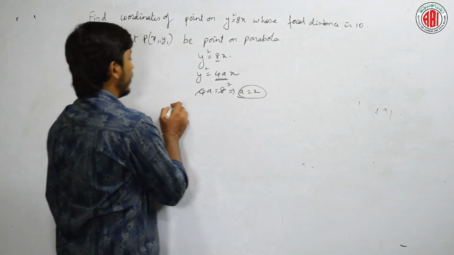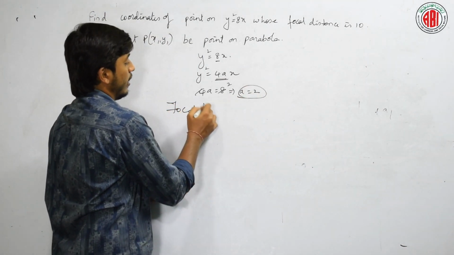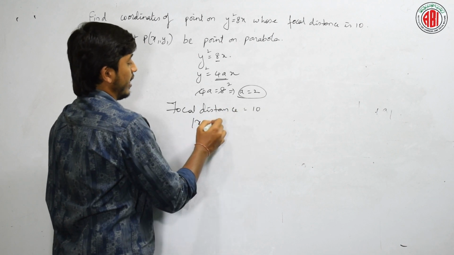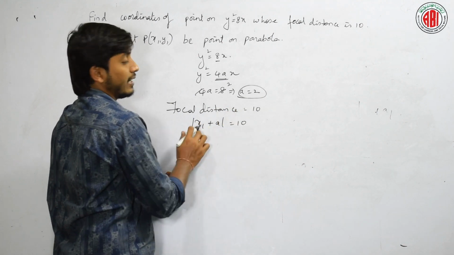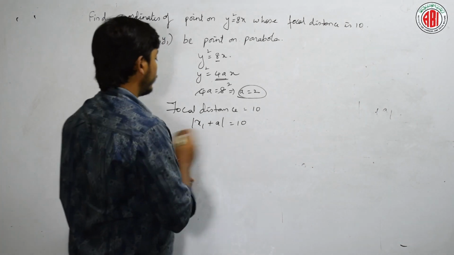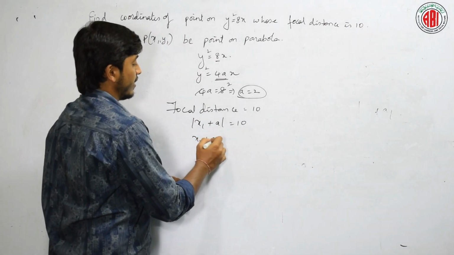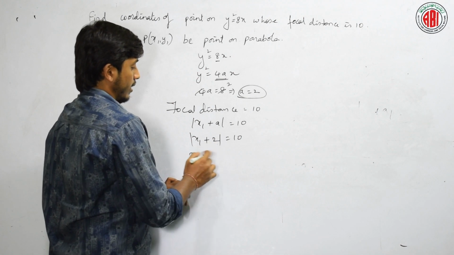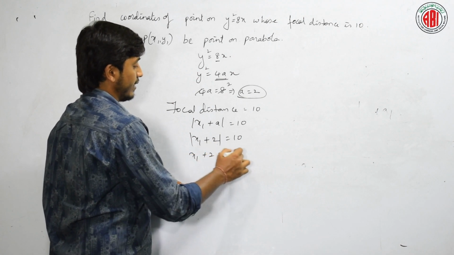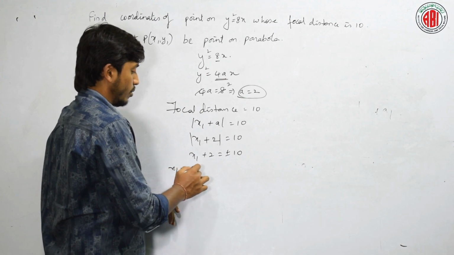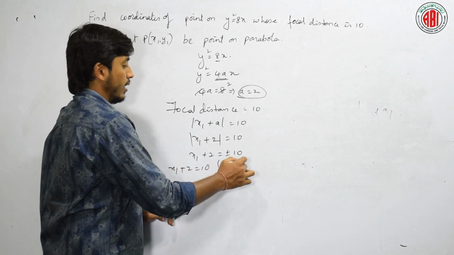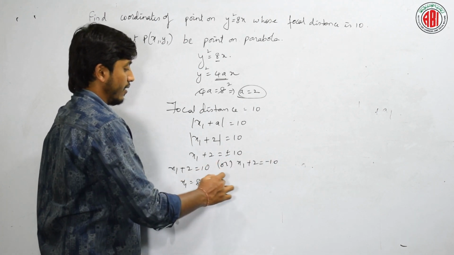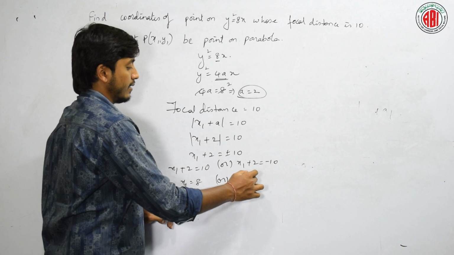We are told that the focal distance is 10. The formula is x1 plus a, where x1 is our x coordinate, so x1 plus 2 is equal to 10. This can be written as x1 plus 2 is equal to plus or minus 10, that is x1 plus 2 is 10 or x1 plus 2 is minus 10. Therefore, x1 is 8 or x1 is minus 12.